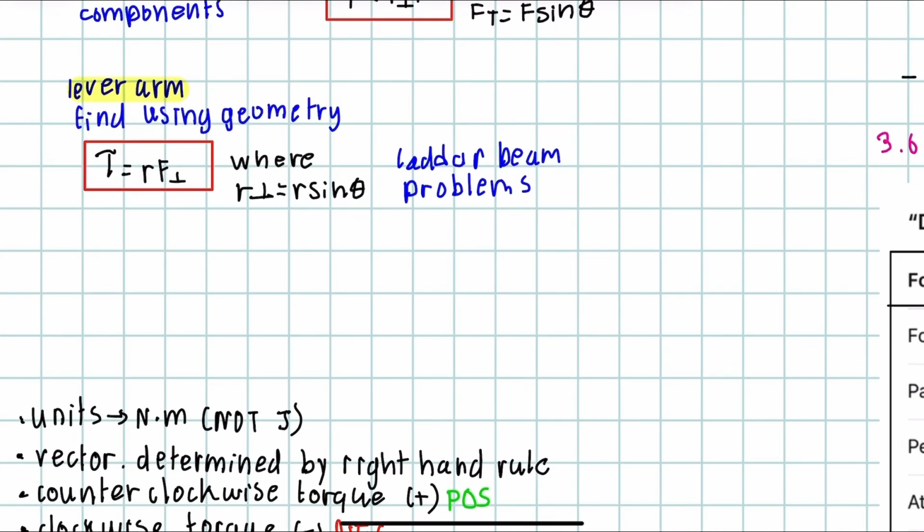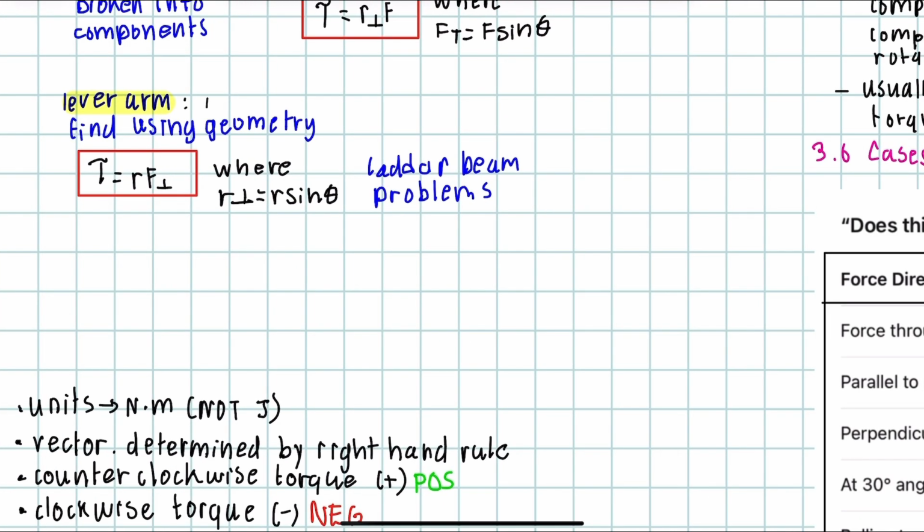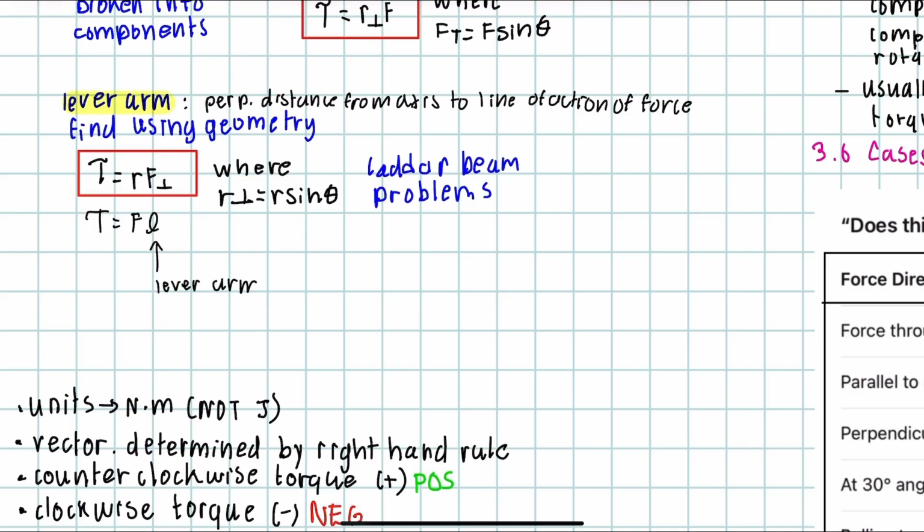So the lever arm is the perpendicular distance from the axis to the line of action of force. So as you see here, torque can be written as tau equals F L, where L is the lever arm.